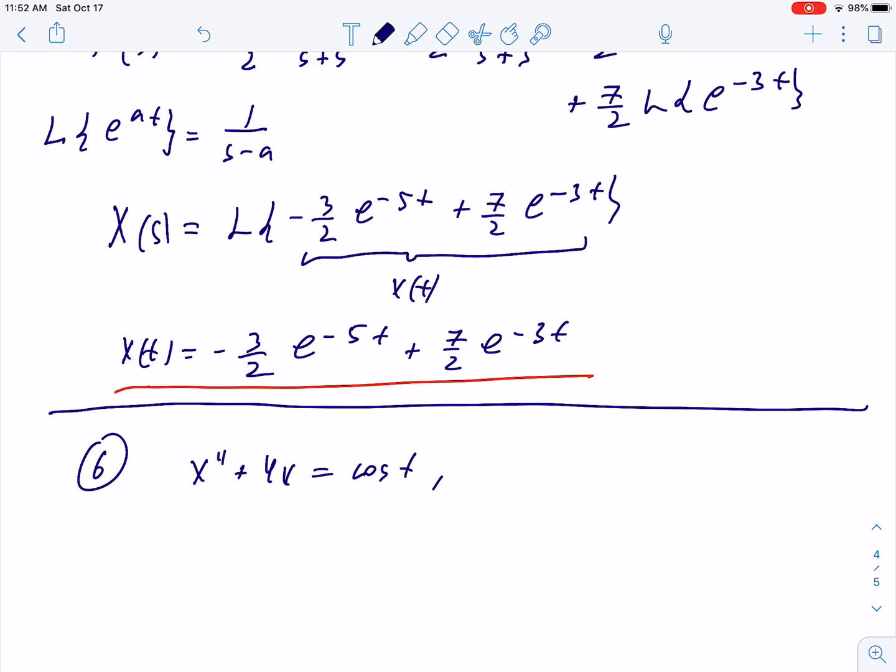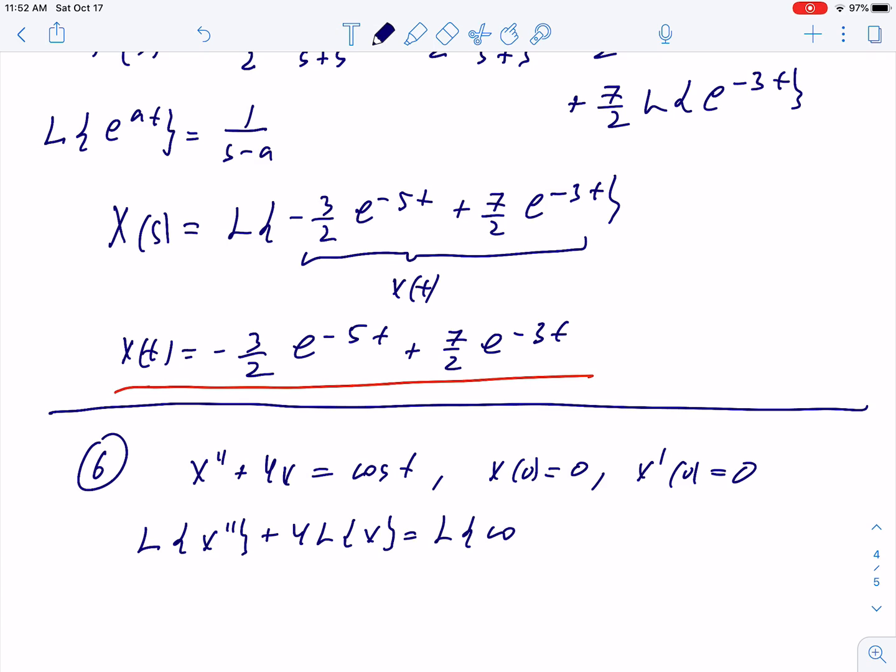Non-homogeneous already. x(0) is 0, x prime(0) is also 0. Our first non-homogeneous equation with Laplace transform. So apply Laplace transform to both sides and distribute. We find Laplace of x second plus 4 times Laplace of x equals Laplace transform of cosine t.